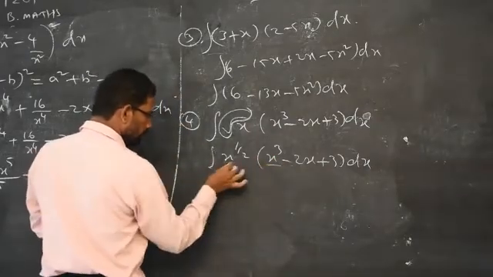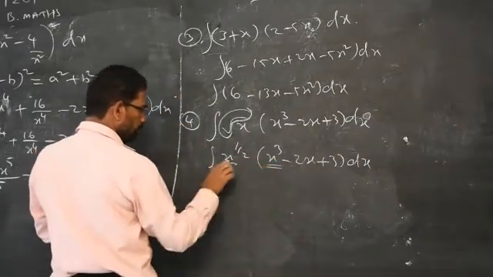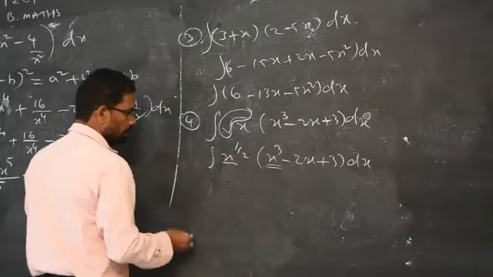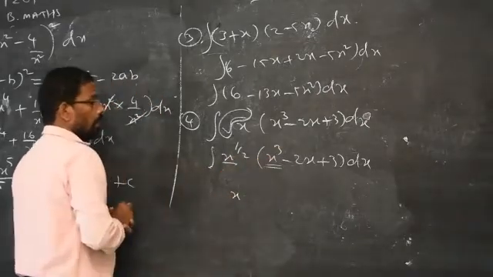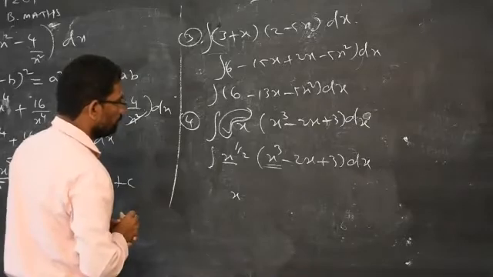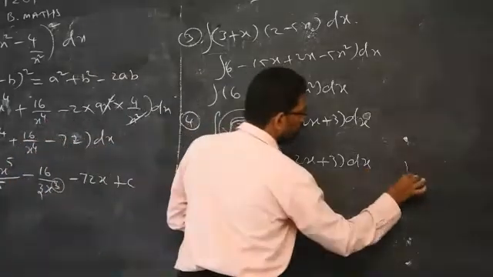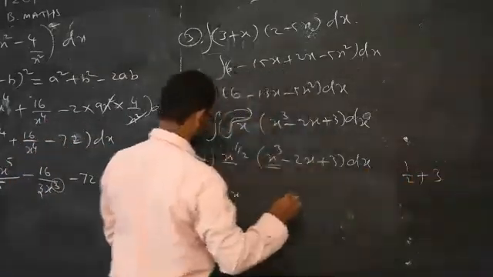When you multiply the variable, when the bases are the same, you have to add the powers. So x power 1 by 2 plus 3, 1 by 2 plus 3 is how much? 7 by 2.